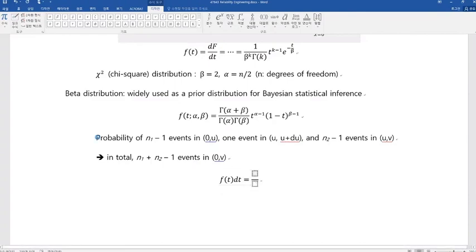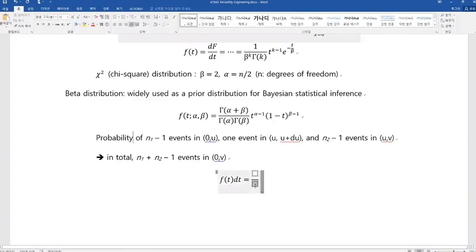And because it is also the probability that in total, during the time between 0 and v, the time interval is v, we are going to have n1 plus n2 minus 1 events.